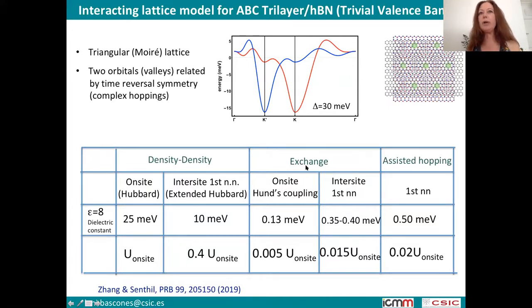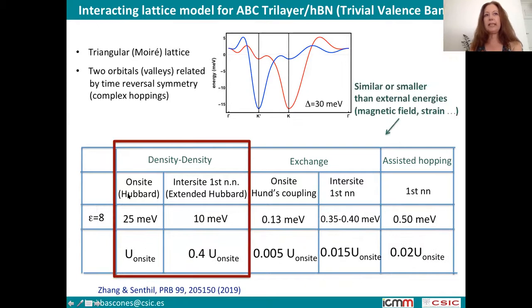Then there are smaller terms, which can be the on-site Hund's coupling, first nearest neighbor direct exchange, or even assisted hopping. One can see that these density-density interactions are much larger than any other terms, quite much larger.